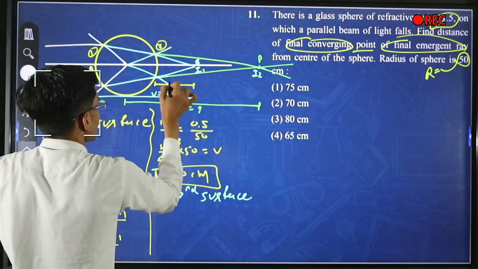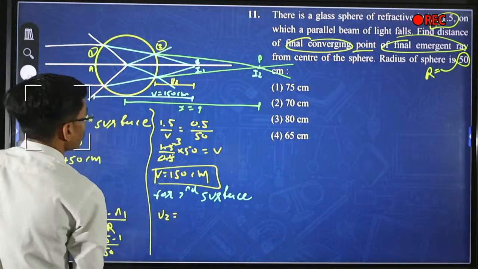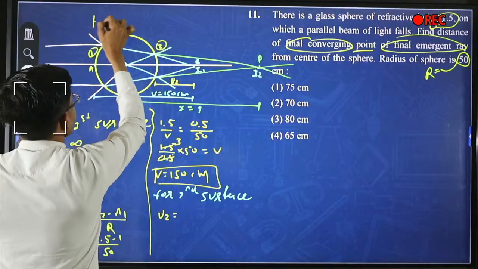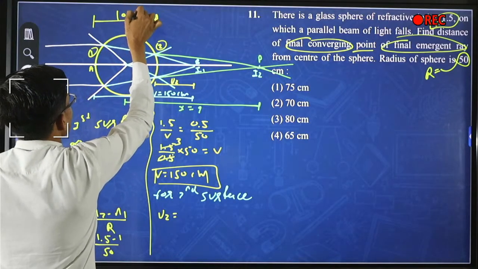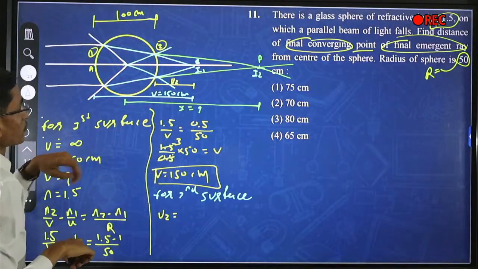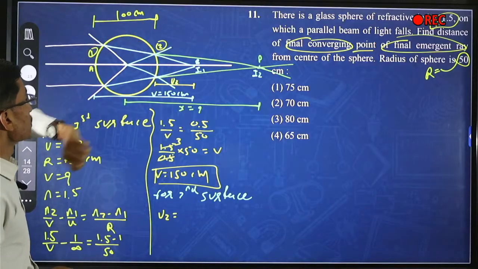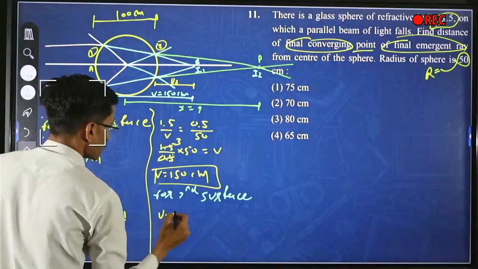So let us say u2 will become 150 minus 100. I hope you will understand this diagram. The diameter is 100 centimeter, so the distance is 50 centimeter.